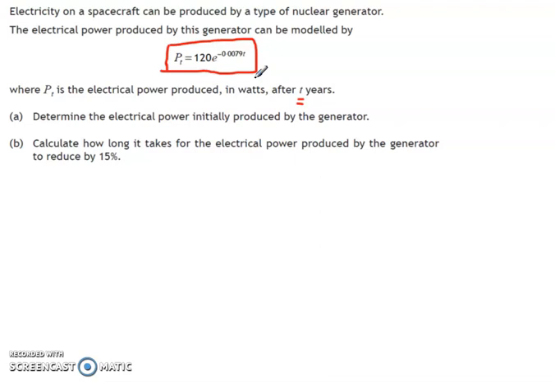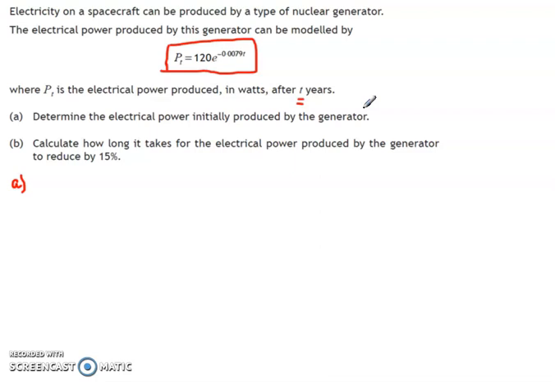So it's two parts to this question. Firstly, determine the electrical power initially produced, and then calculate how long it takes to reduce by 15%. Now, if we look at the first part, initially produced by the generator, just like I said a moment ago, is when it begins. So remember, initial means start or beginning. So when it begins, our t is equal to 0.